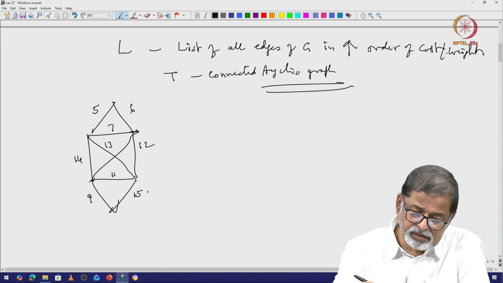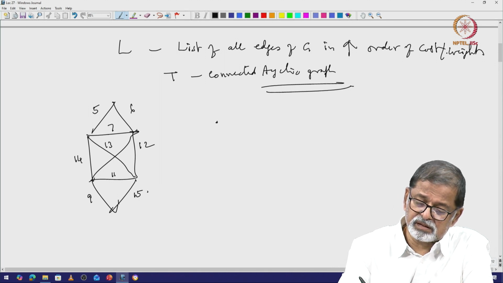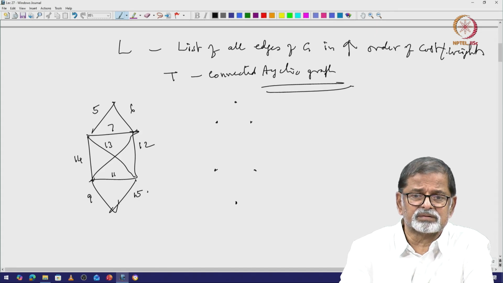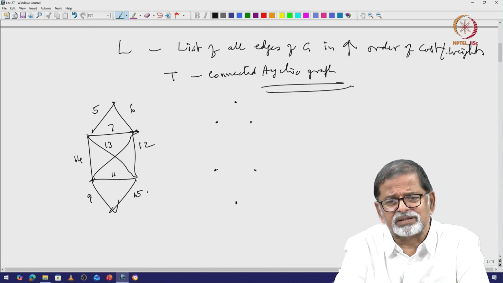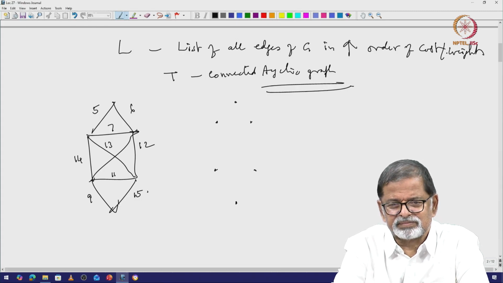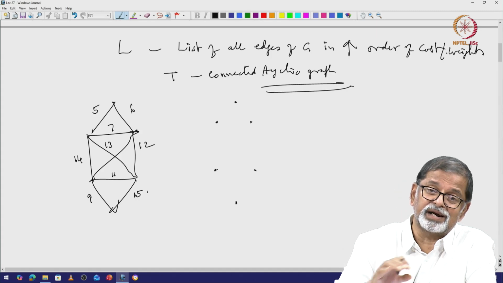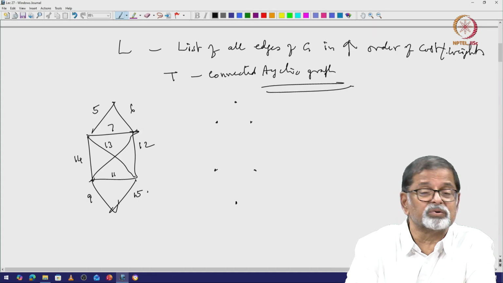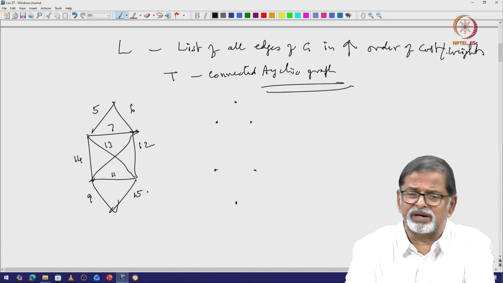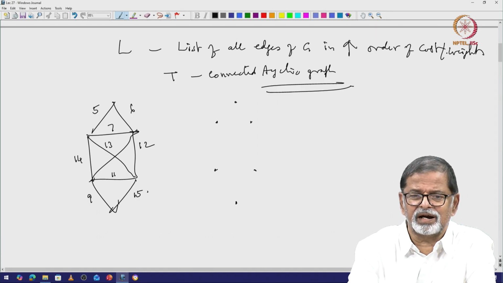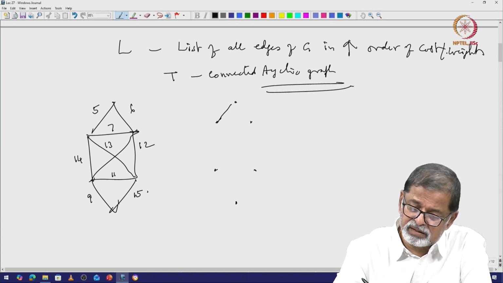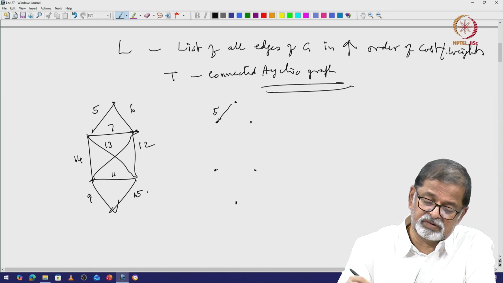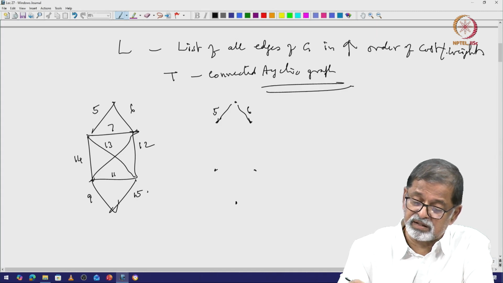Now, consider the graph with no edges, only the vertex set. So, I will first start with n isolated vertices. Now, I am going to add edges. How do I add an edge? I consider the minimum weight edge and see whether I can add. So, minimum weight edge is 5, this you can add. Next is 6, this also I can add.